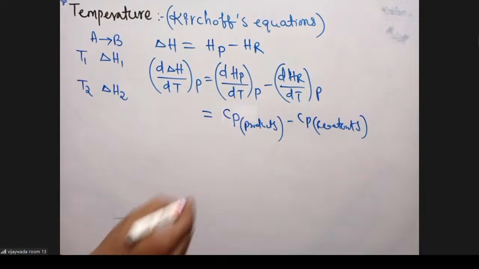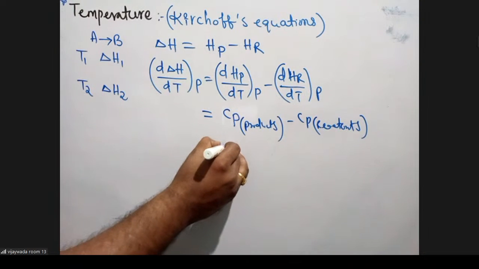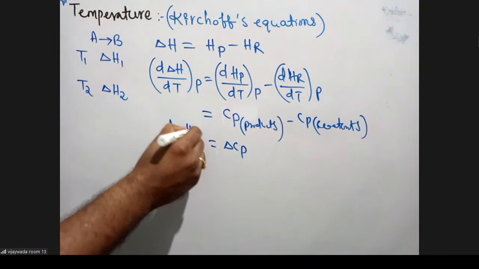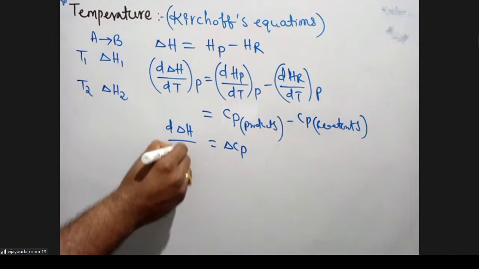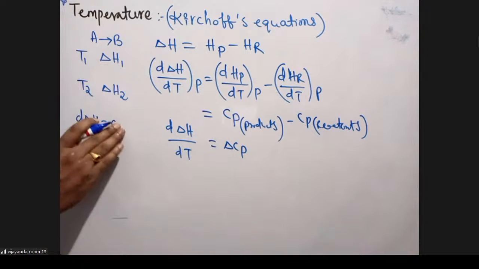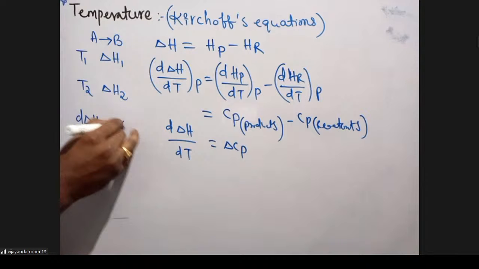Cp products minus Cp reactants is delta Cp. Delta Cp equals d delta H by dT at constant pressure. Now we can write this equation as d delta H equals delta Cp into dT.